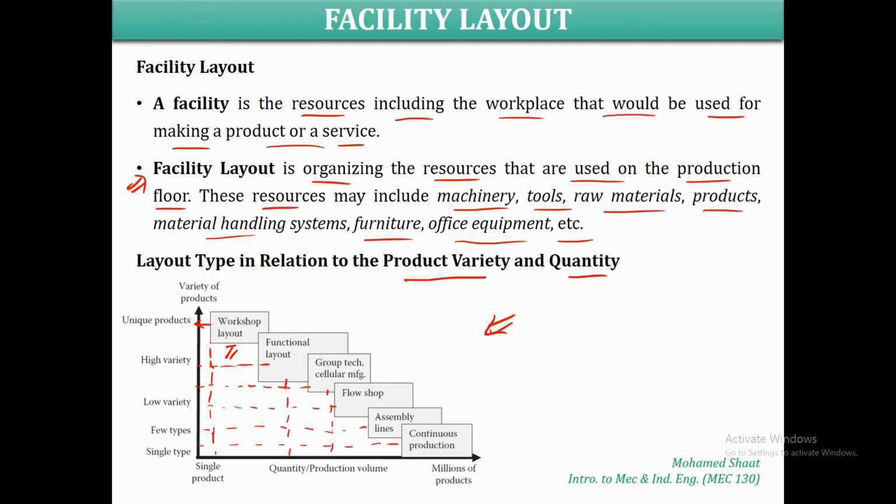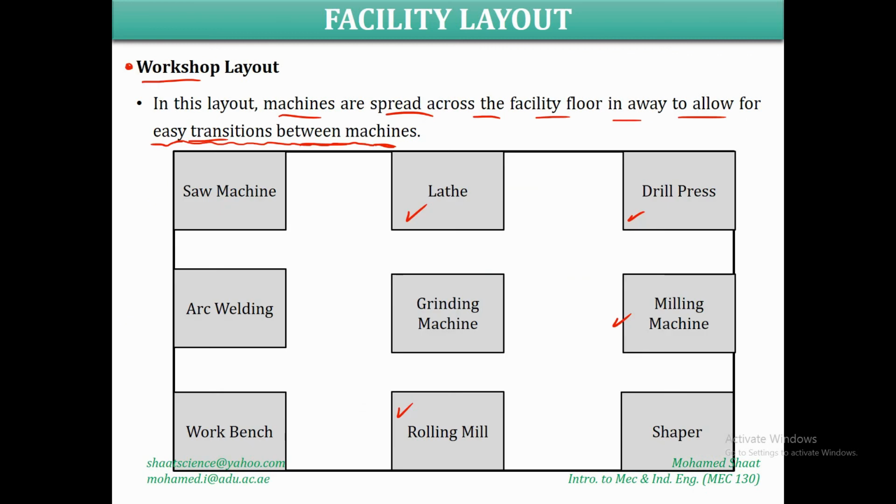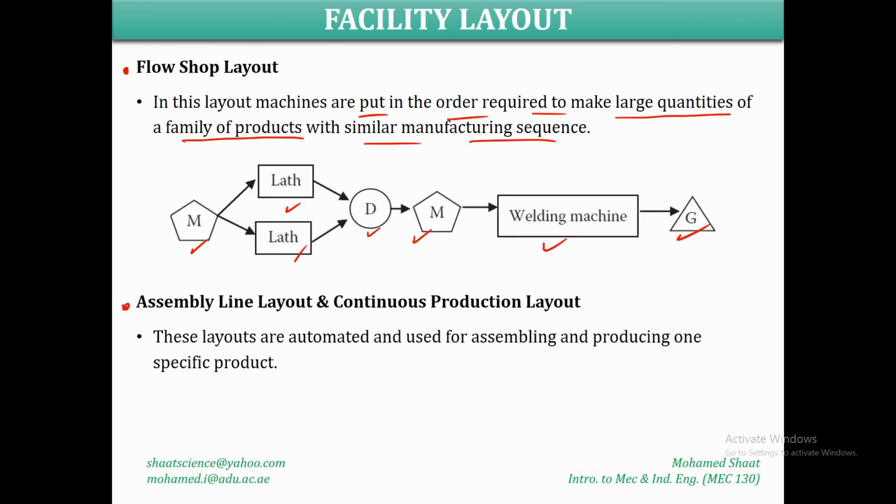And another layout is the assembly line and continuous production layout. These are two layouts, the assembly layout and the continuous production layout. They are very similar. They are used for specific products, and they are more product oriented, meaning they depend on the product itself, and the arrangement of the machines mainly depends on the product. These are two layouts, not just one, but they are similar. They are mainly automated.